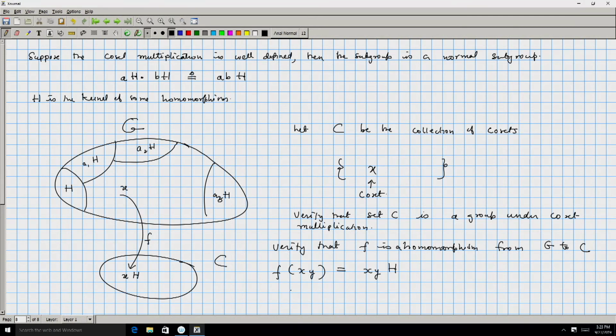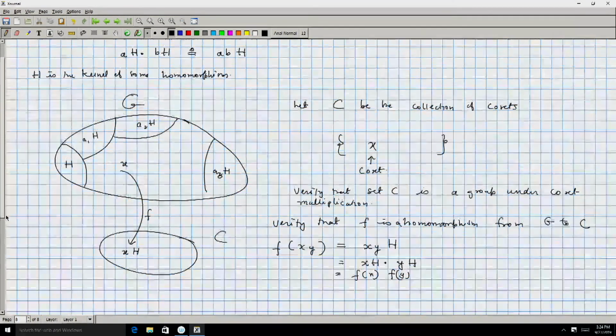And since our multiplication was well defined, we know that this is nothing but xH times yH. Okay. And xH is f(x) and yH is f(y). So, we verified that the function f is a homomorphism from G to C, and the kernel of that homomorphism is precisely H.